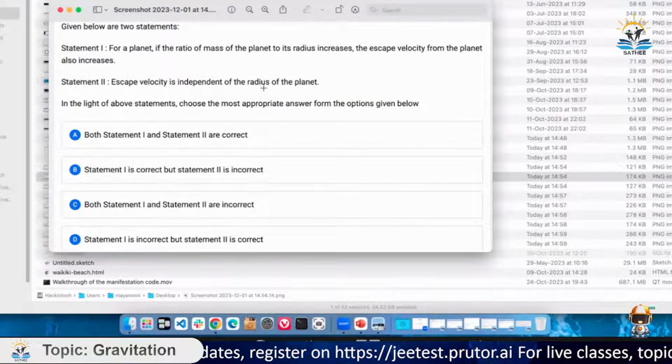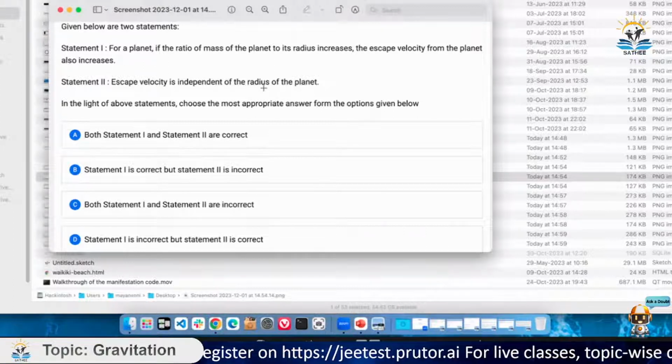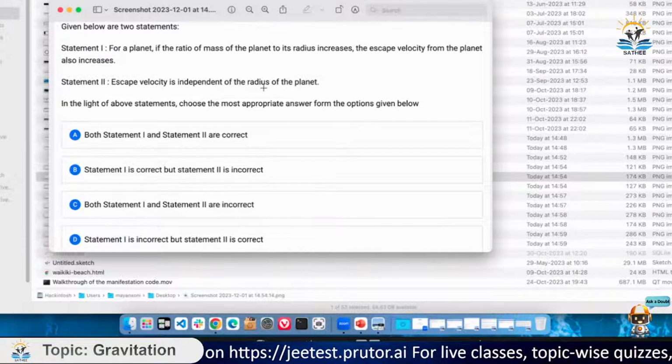The formula for escape velocity is root 2 G mass of Earth upon radius of Earth.